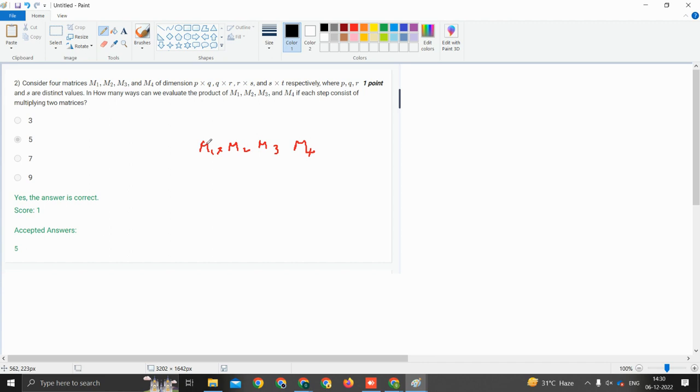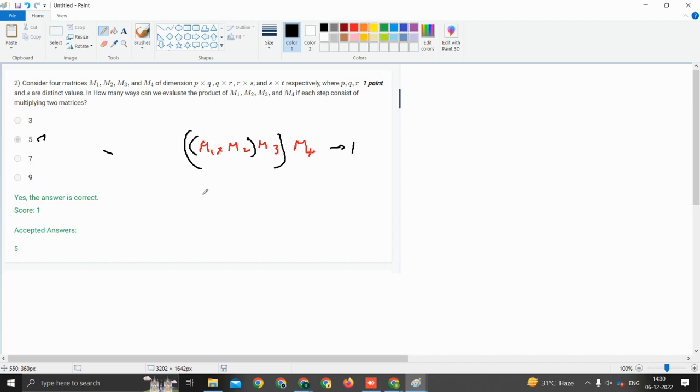Okay, what are the ways to put the brackets? Understood. Now, how will you arrive at 5? That's my question. Don't tell me in a brute force way. Tell me a smart way. Is there any smarter way to do this?